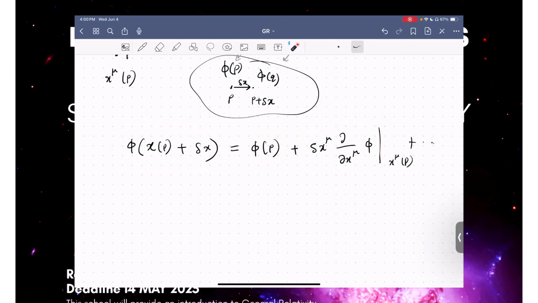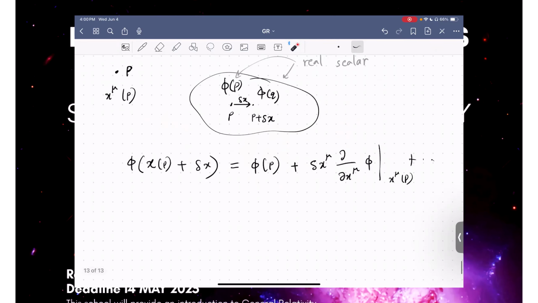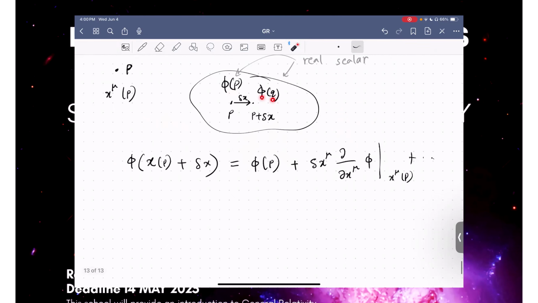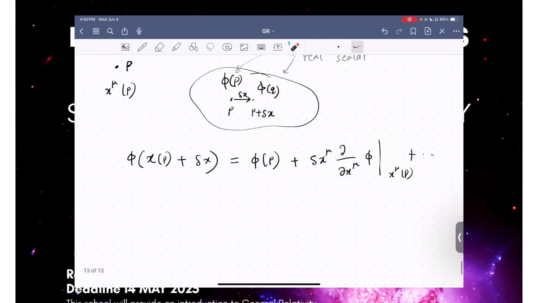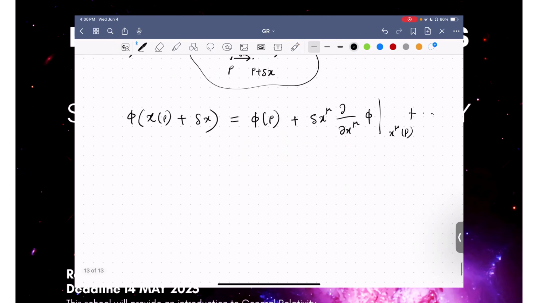So you can see that this partial derivative is what is responsible for transforming the value of your field φ at P to the value of φ at another point Q.